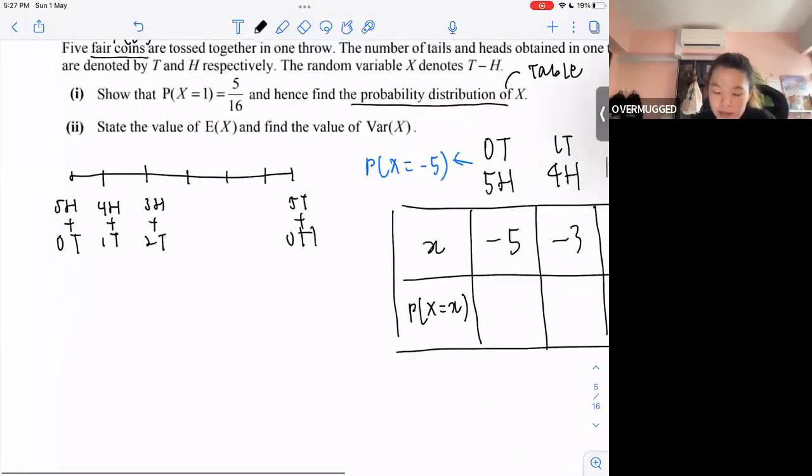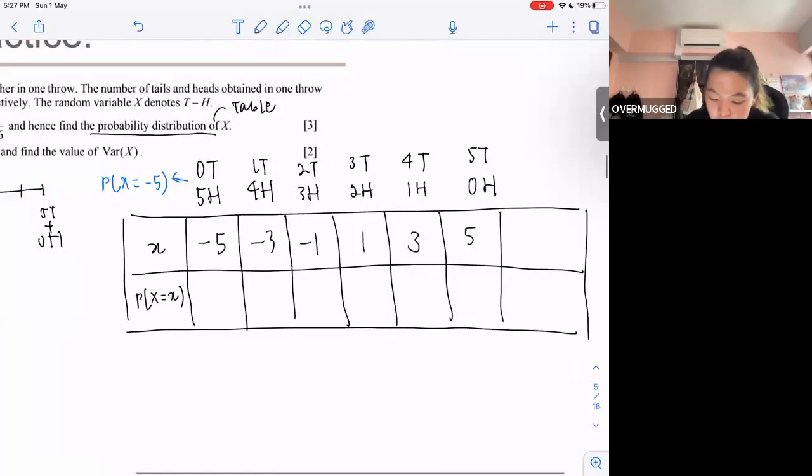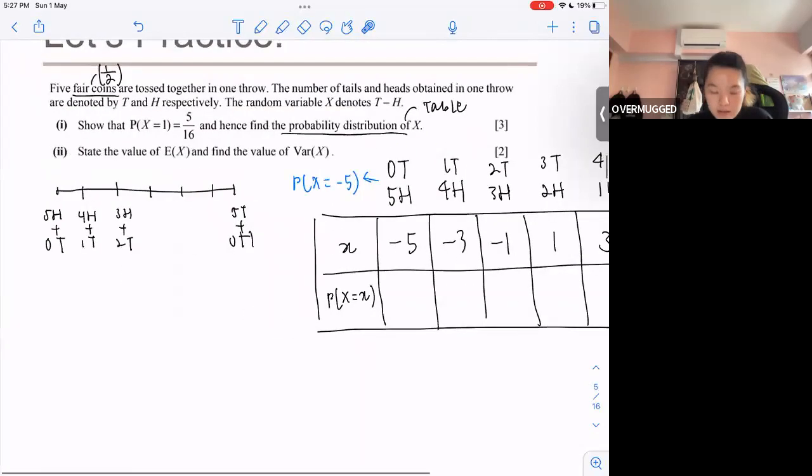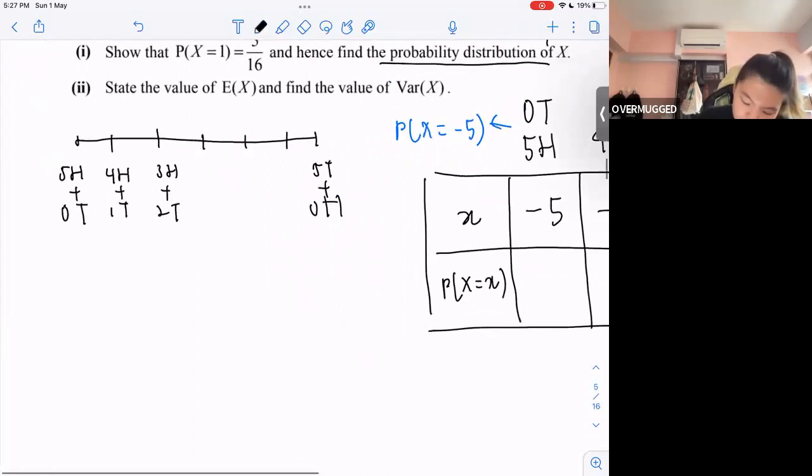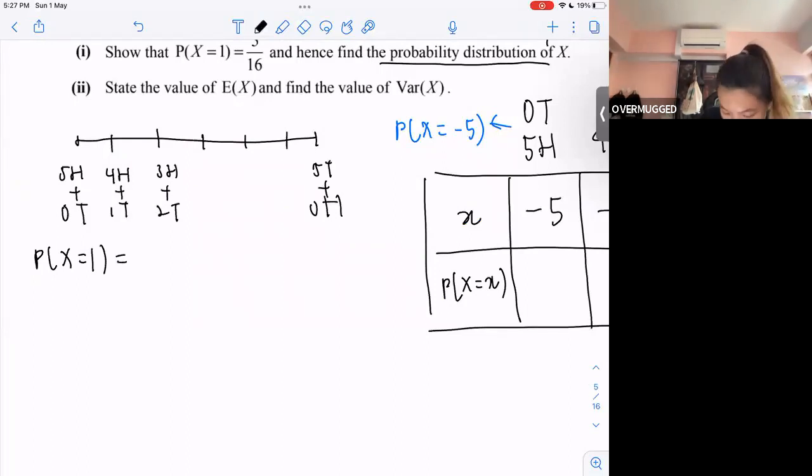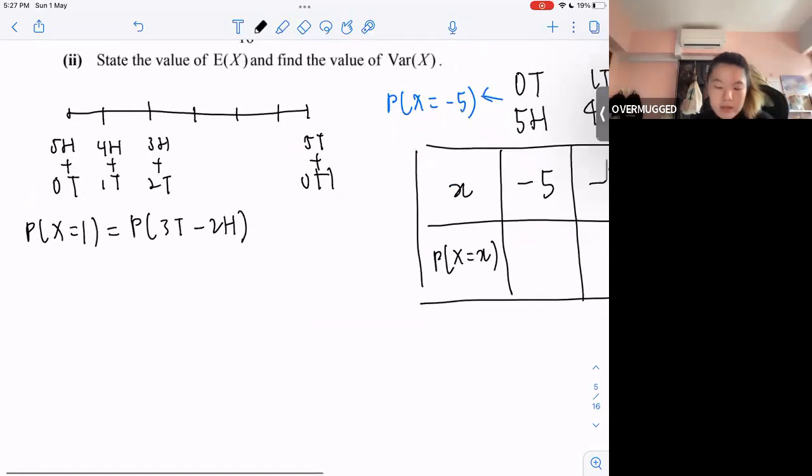So the probability of x being 1 would mean that I have 3 tails and 2 heads. Let me just write over here. So the probability of x being 1 will be the probability of me having 3 tails and 2 heads.